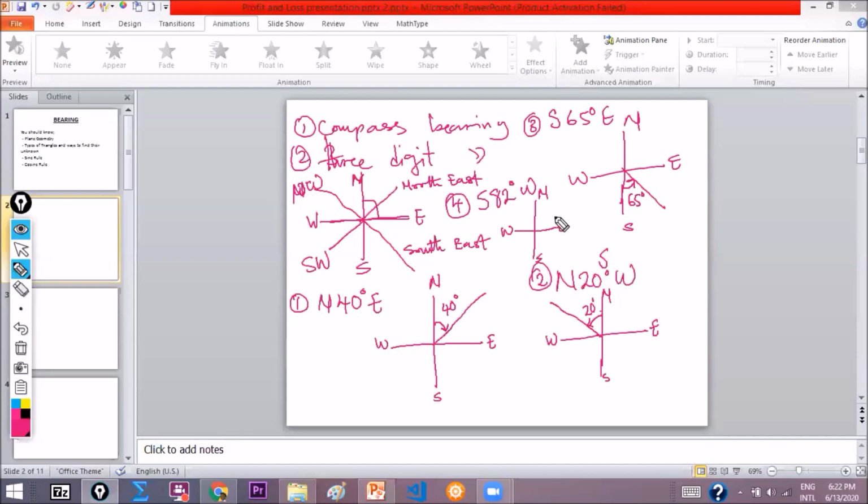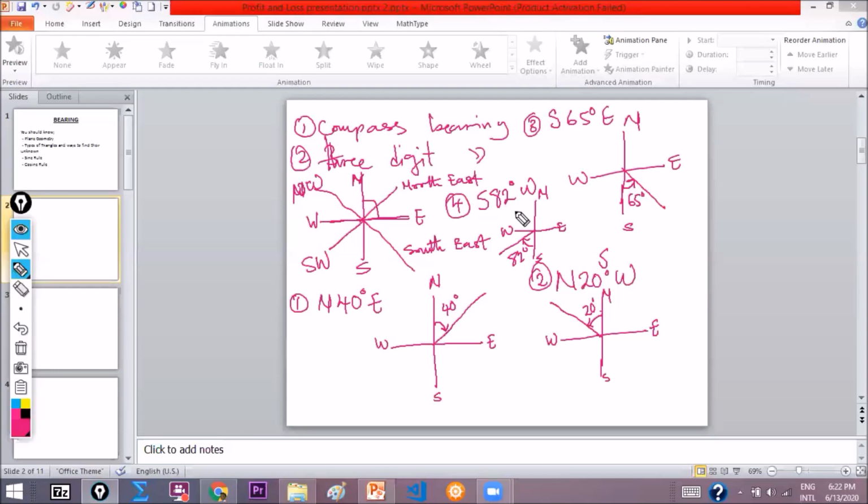So where will it fall? From the south to the west. Good. So this is 82 degrees. You can see that your compass bearing does not surpass 90. Because it can only cover from 0 to 90, taken from either the north or the south. Are you getting it? Yes.